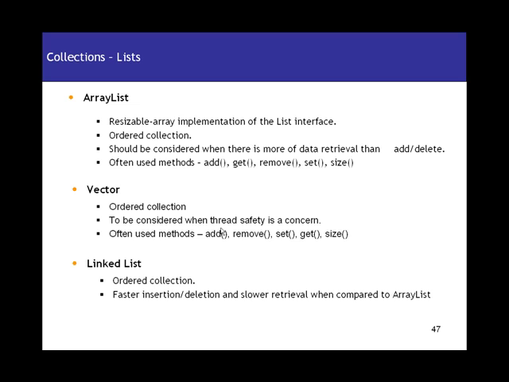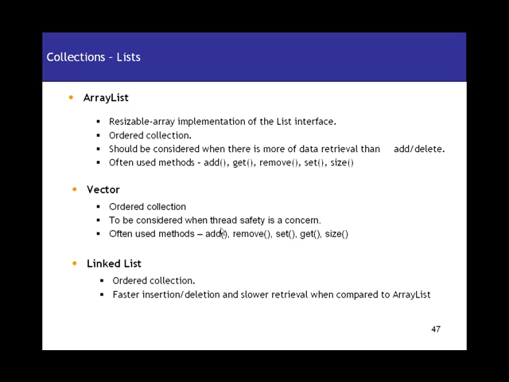When you add elements to an array, it resizes the array and joins the two separate arrays and does a lot of stuff internally. So that's not the implementation you should choose when you have more additions and deletions, especially in the middle of the array. If it's at the end of the array, it doesn't matter a lot, right?